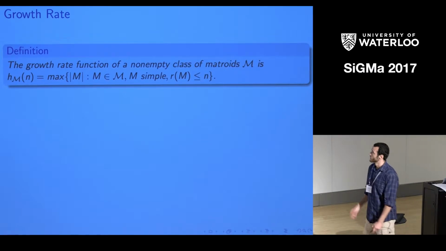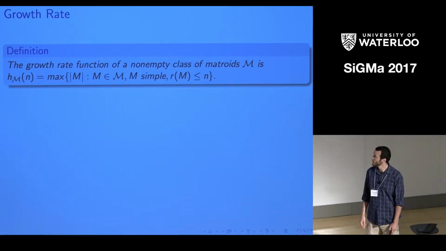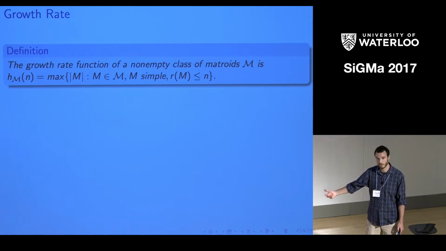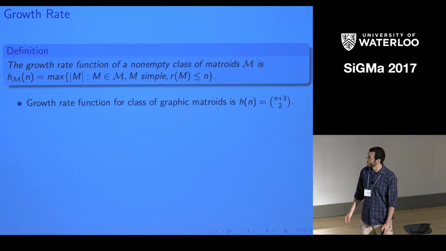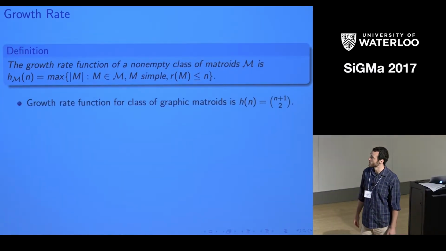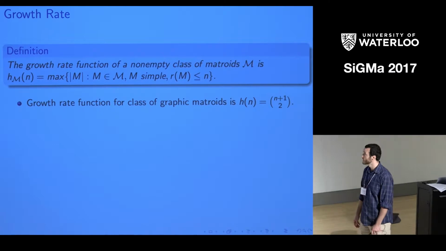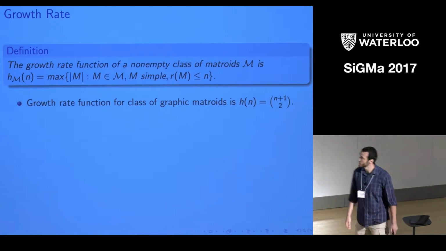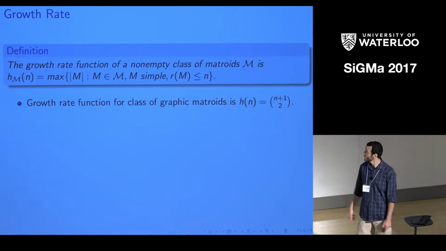Okay, so this is the same function that Owen and Kevin talked about. I will just call it the growth rate function instead of the extremal function. And just a couple examples to make sure we're on the same page. The growth rate function for the class of graphic matroids is n+1 choose 2, because a simple graph on at most n+1 vertices has at most n+1 choose 2 edges.